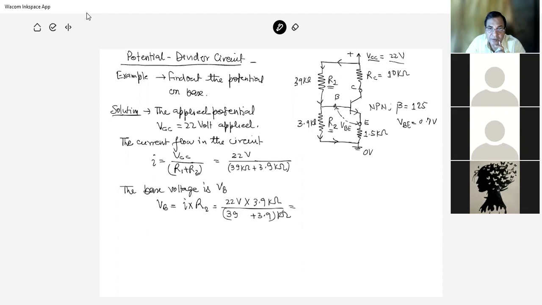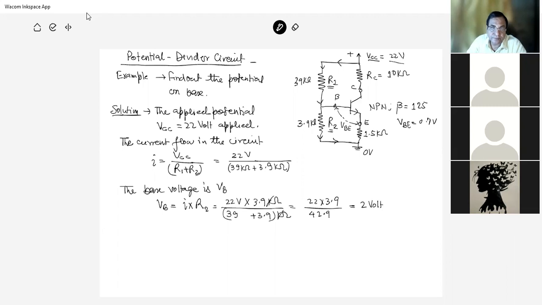So this kilo cancels, and this is 22 into 3.9 divided by 42.9, that is 43. So this value is 2 volt.